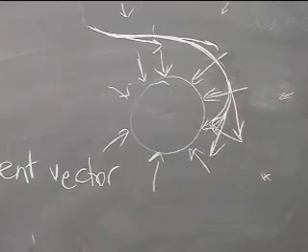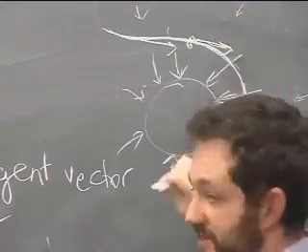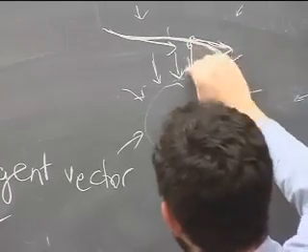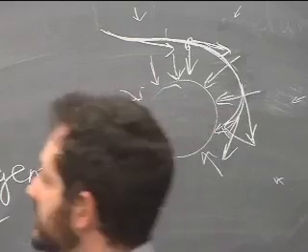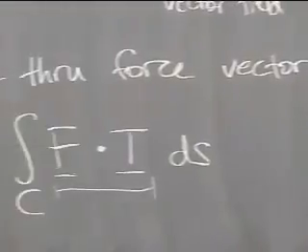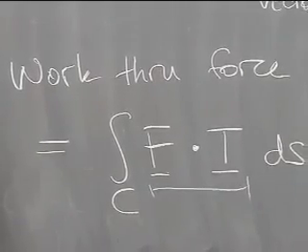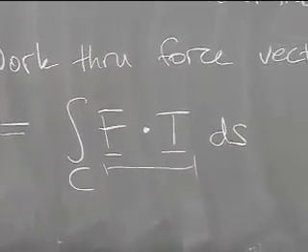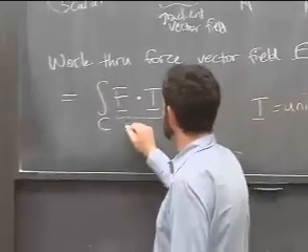And what I want to do is at every point on the curve, take F dot T as the function that I'm integrating over. This replaces the little f of the previous section. Okay? Remember, the dot product between two things is a scalar. So this is just a regular scalar integral.